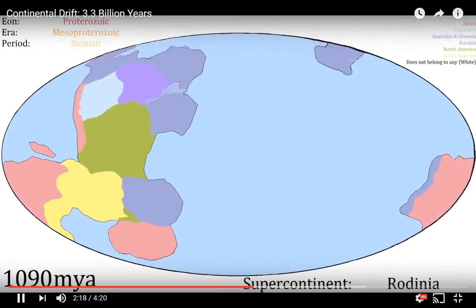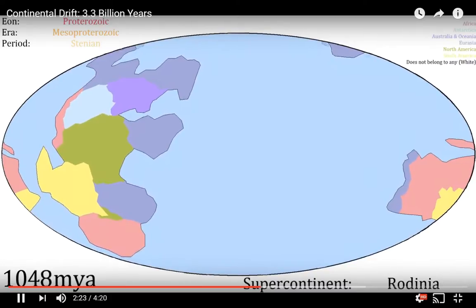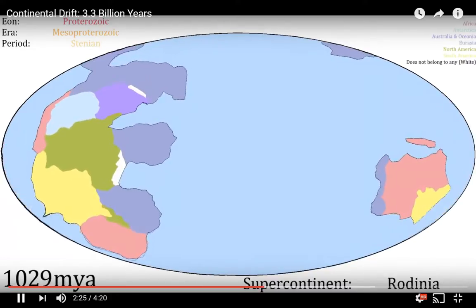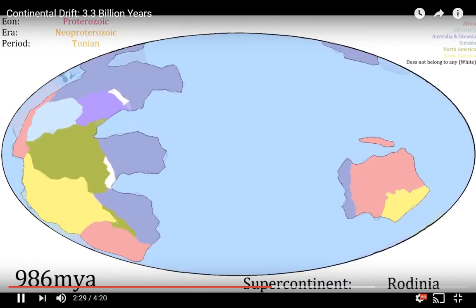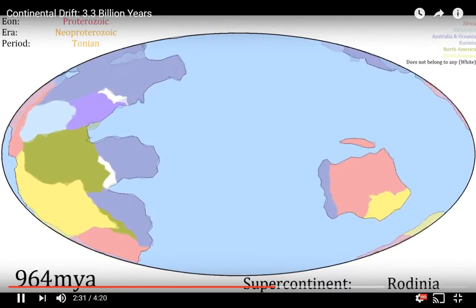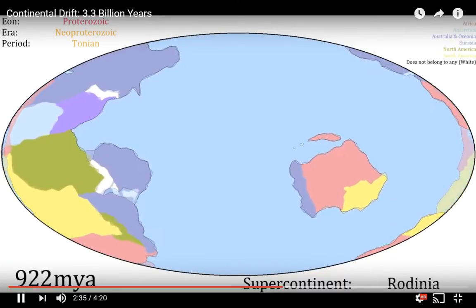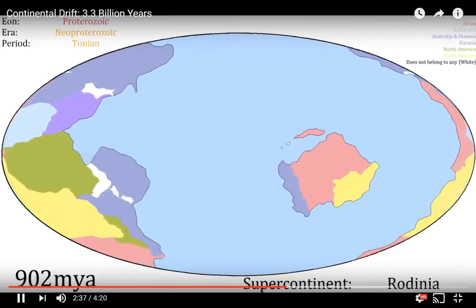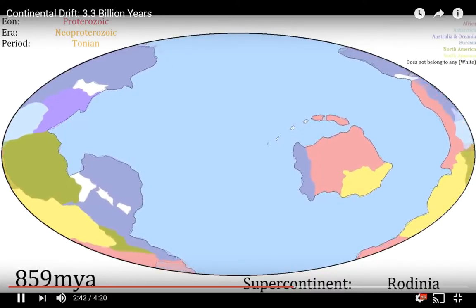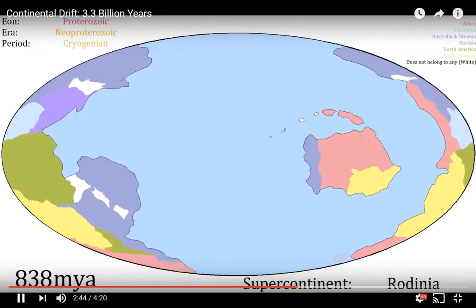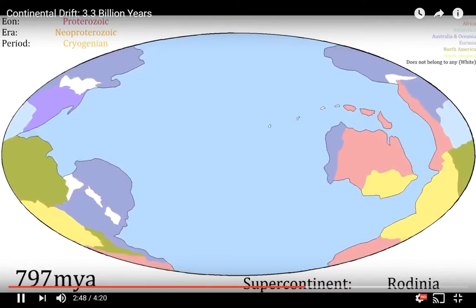Another supercontinent, Rodinia. Looks like the Aleutians on top, right?